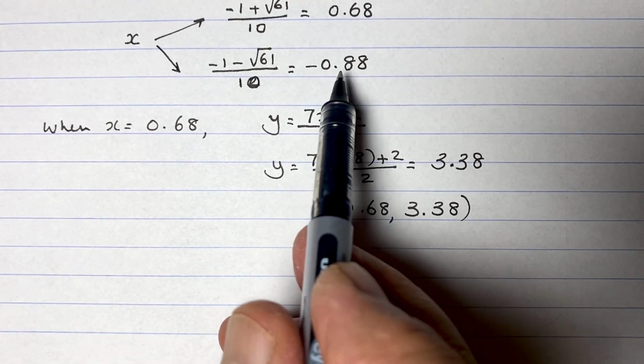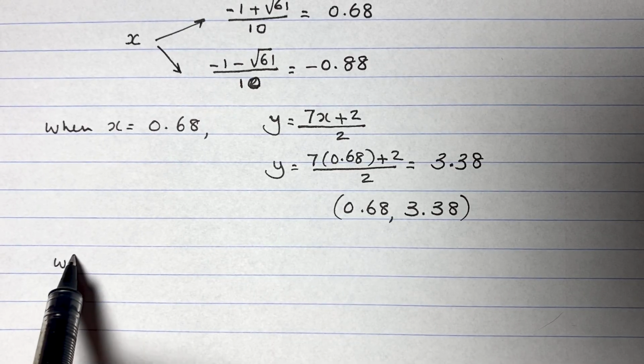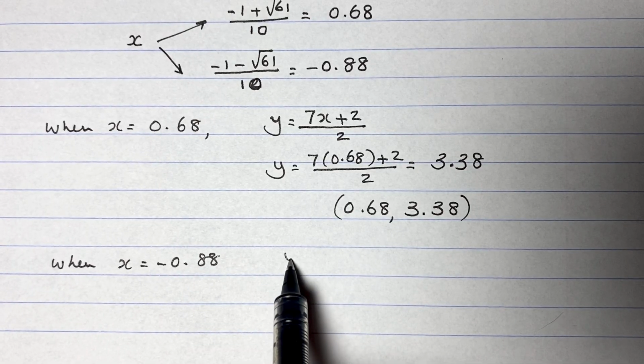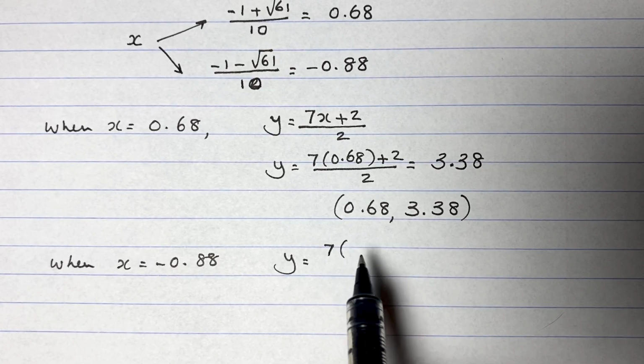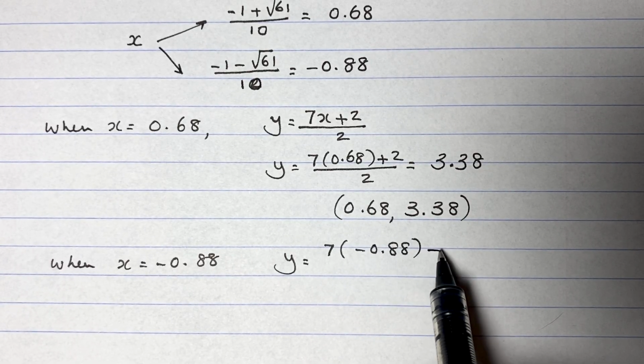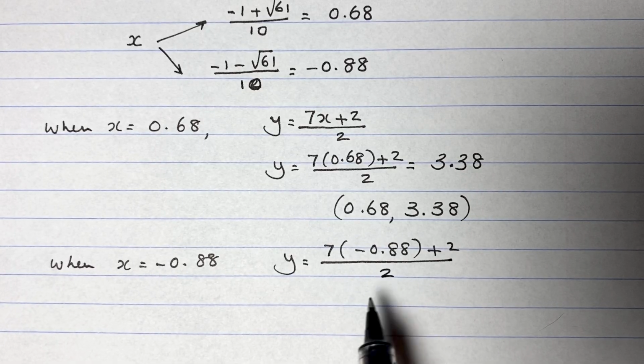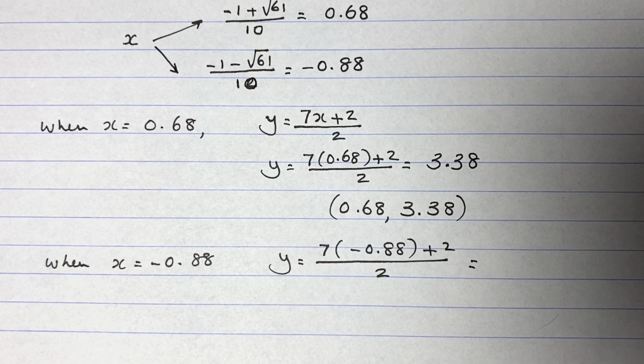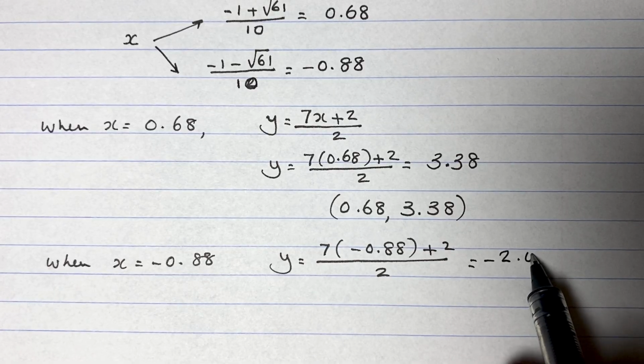The other point was x equals minus 0.88. So when x equals minus 0.88, y, same equation, 7 lots of minus 0.88 plus 2 divided by 2, which gives me minus 2.08.